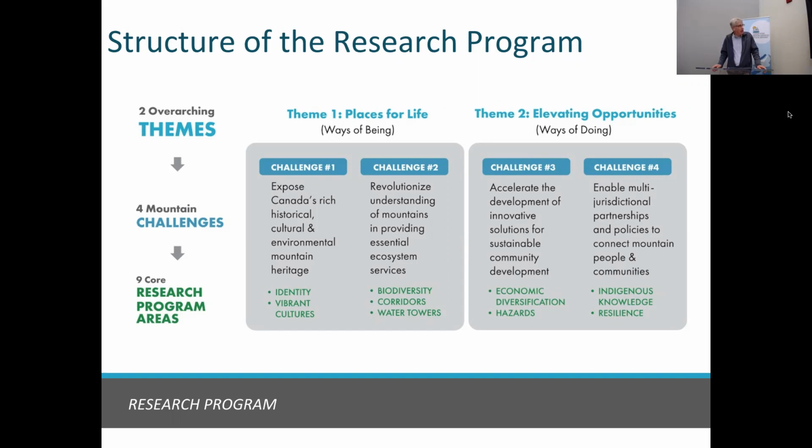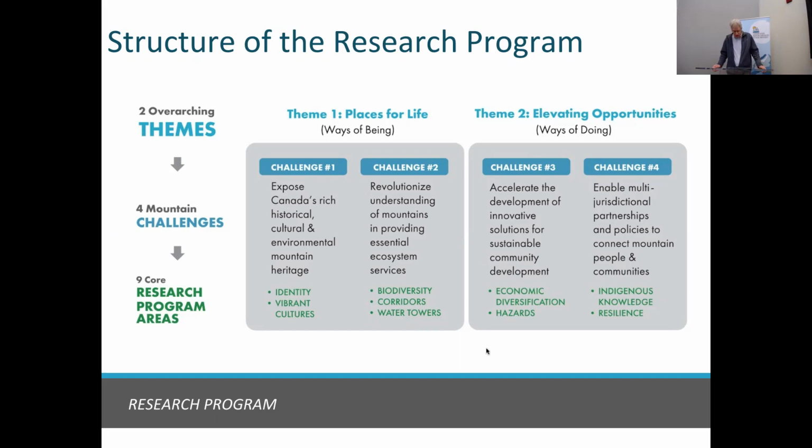In the third challenge area, around accelerating the development of innovative solutions for sustainable community development, there are opportunities here to look at some of the diversity of opportunities that exist in mountain communities, the economic, cultural and social impacts of tourism and infrastructure needs and other land uses.